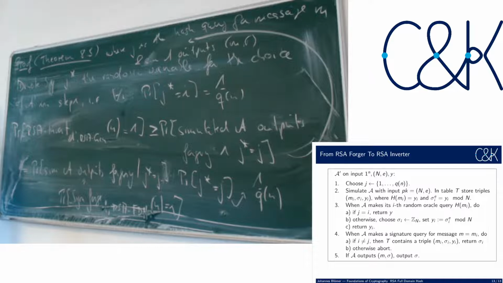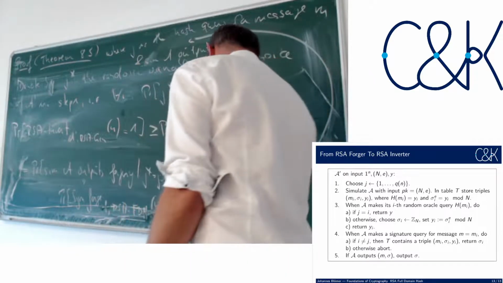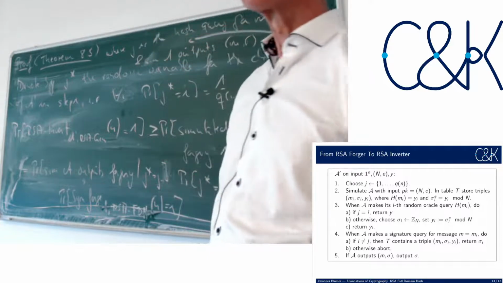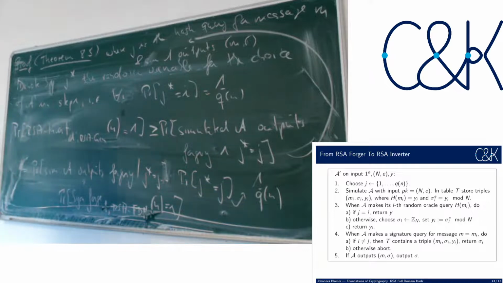Negligible times polynomial is negligible, which shows that this here is negligible for all A's. And we are done. And that's it already.